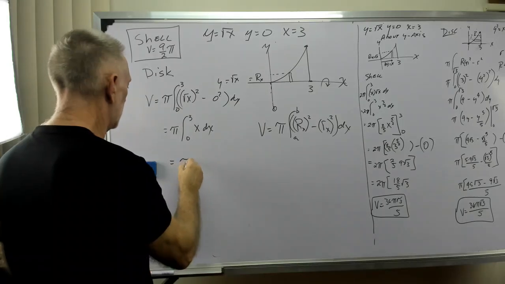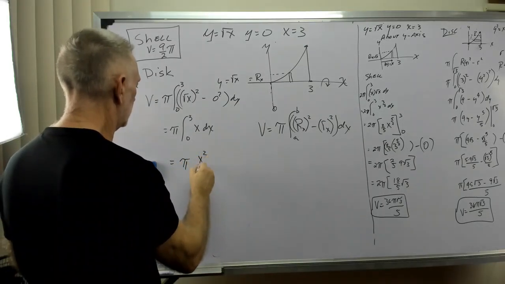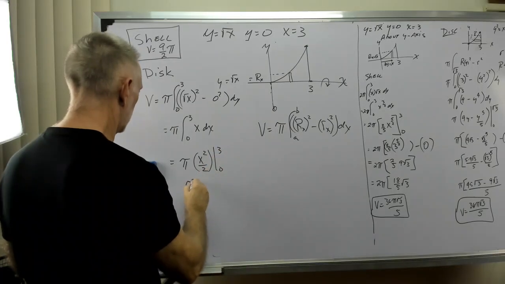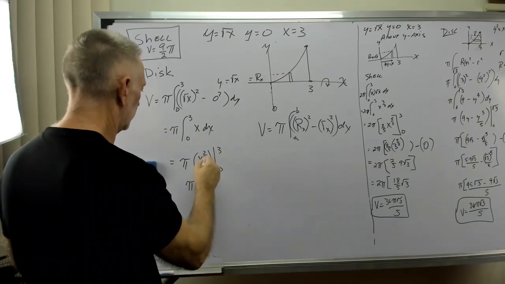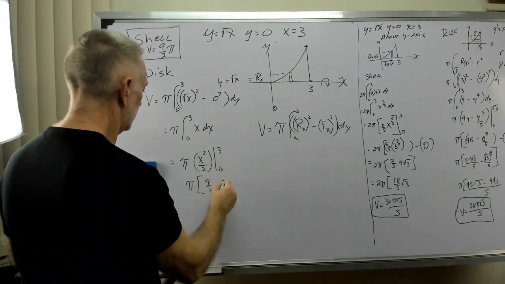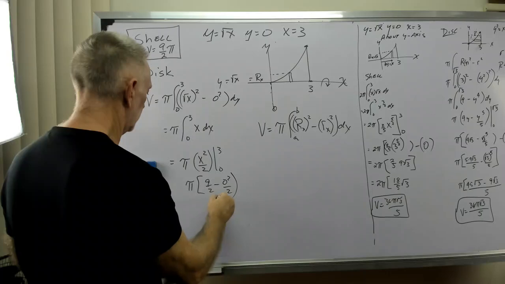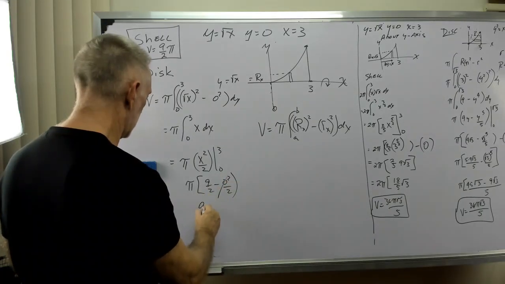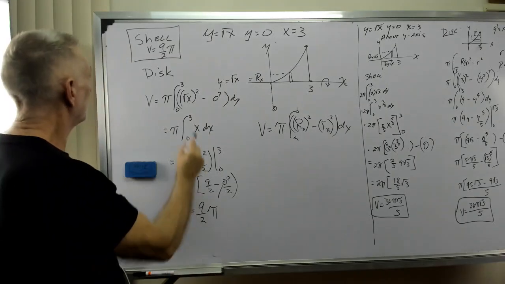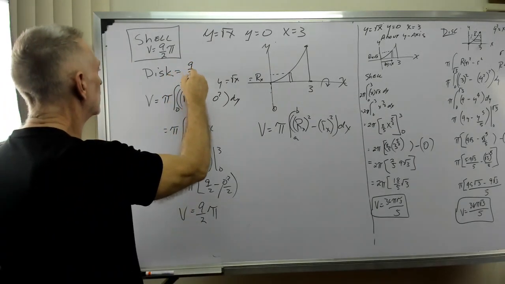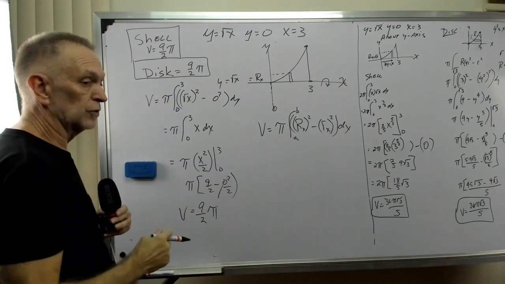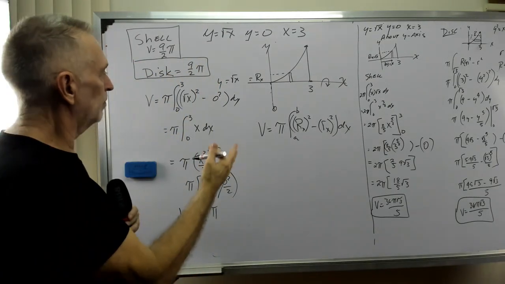And that equals pi times x squared over 2 from 0 to 3. So 3 squared is 9, so 9 over 2 minus 0 squared over 2. It's nothing there, so 9 halves pi equals my volume. You can see we ended up with the same answer in both of those, two different methods.